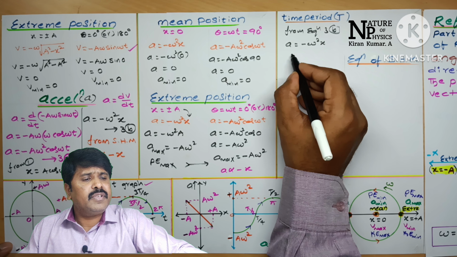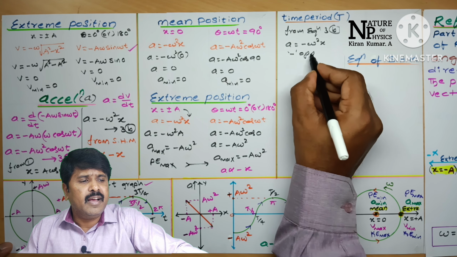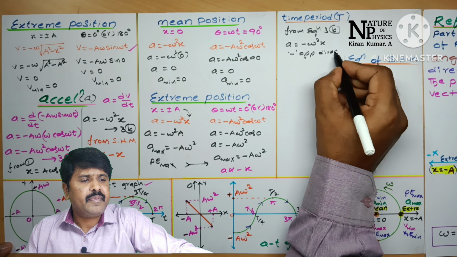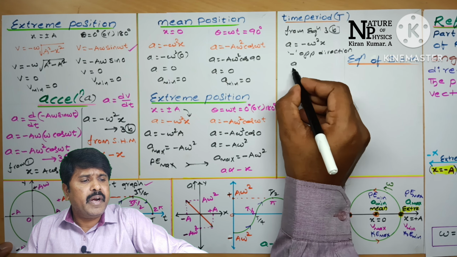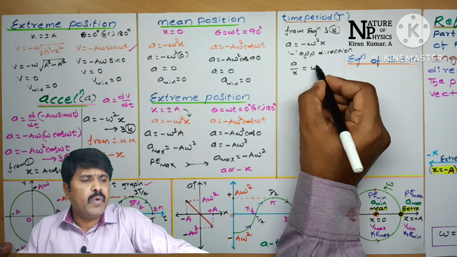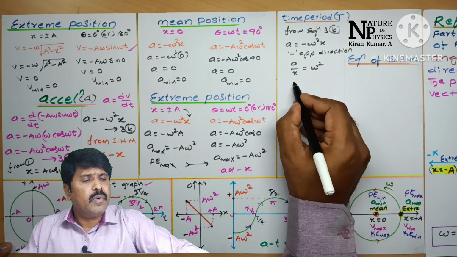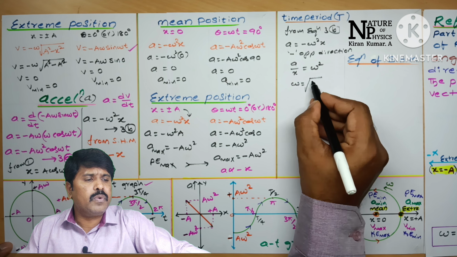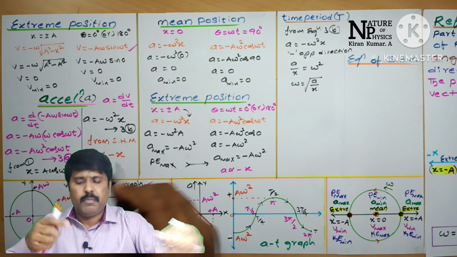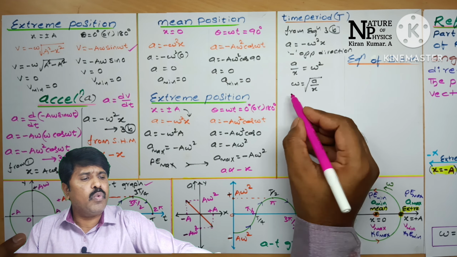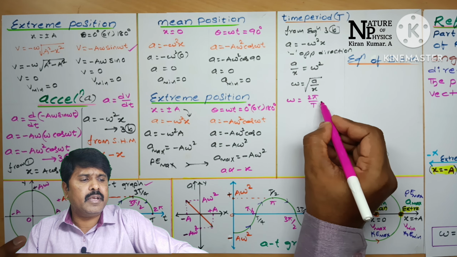Okay, so that minus represents opposite direction, so that a divided by x which is equal to omega square, see there, and omega which is equal to root over a divided by x clearly represented, but omega which is equal to 2 pi divided by t.